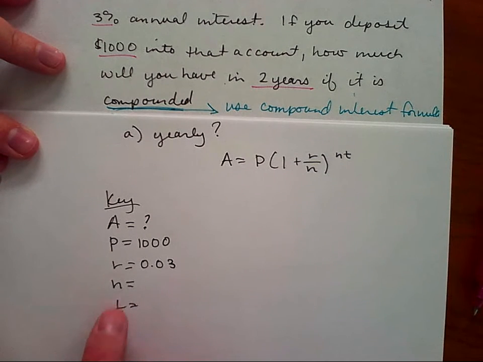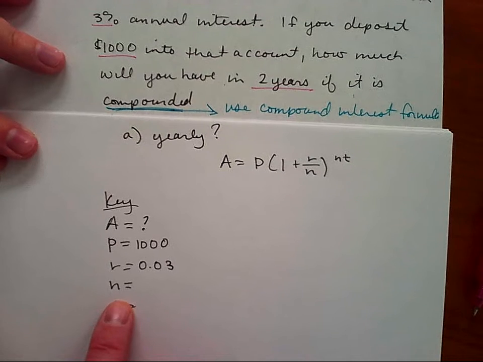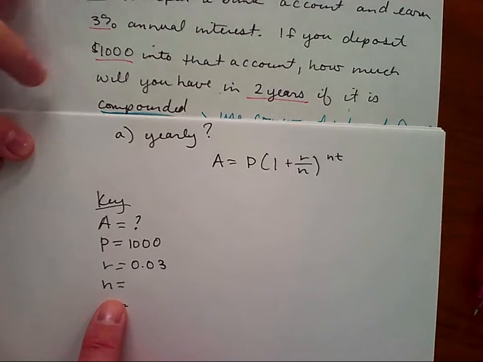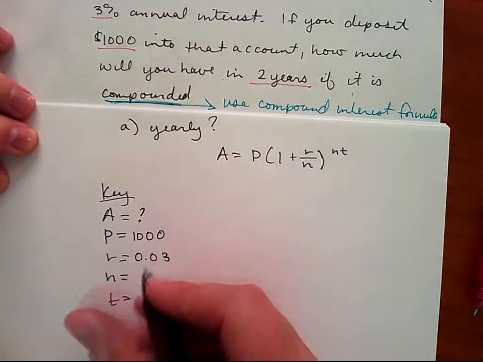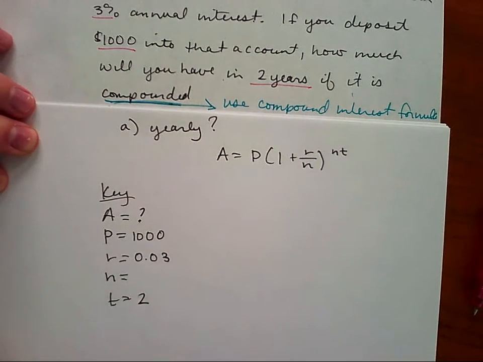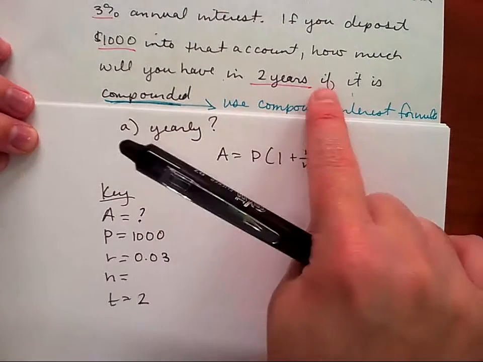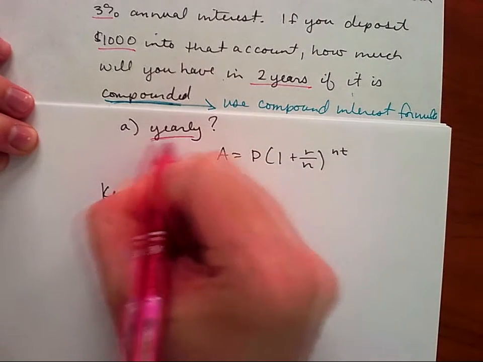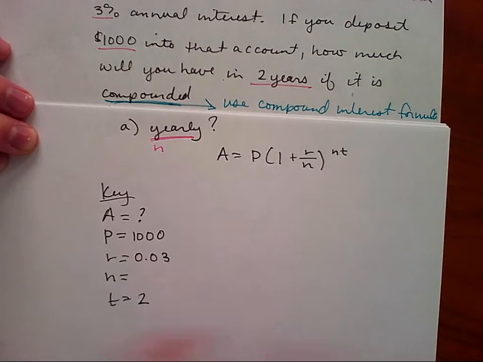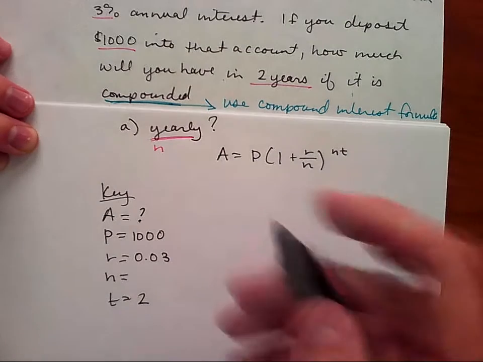N is the number of compounding periods per year. What do you guys think about that? I don't know right now. What about T? T is time in years, which is 2 years. So I need the number of compounding periods per year. It says if it is compounded yearly, yearly is my N. If I compound it yearly, how many times am I compounding it per year?